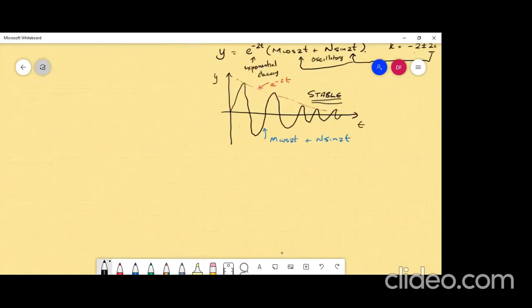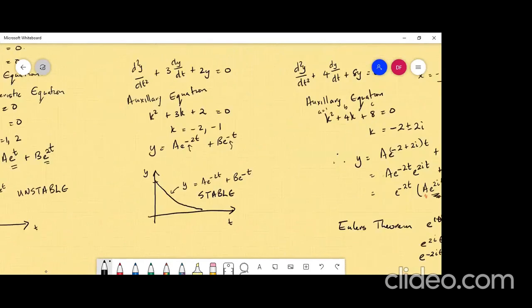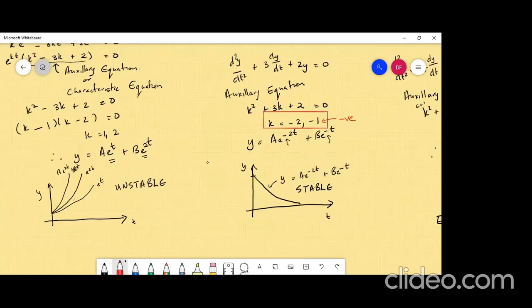One of the things you will notice is that if it is stable, then the roots are negative. If it is unstable, the roots are positive. So unstable roots are positive, stable roots are negative.